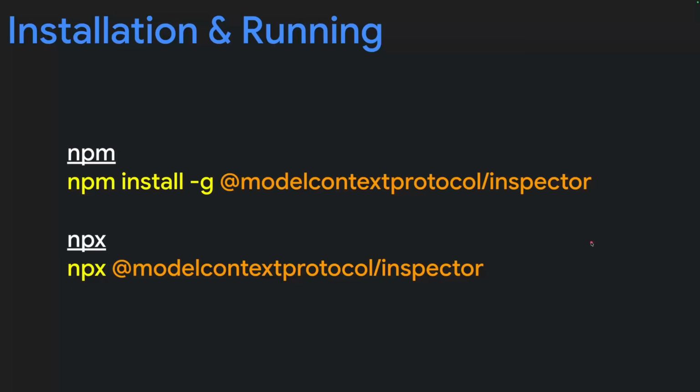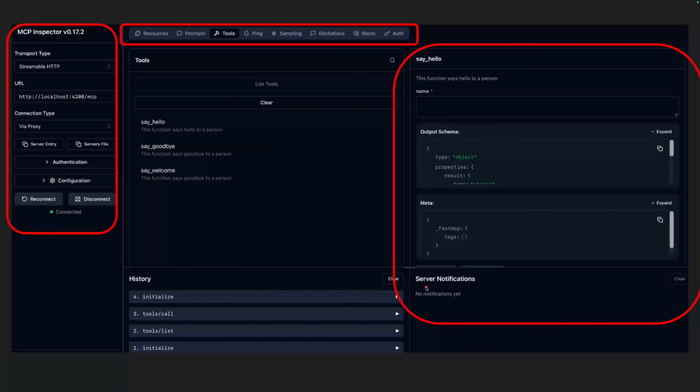To install the MCP Inspector, you can run npm install and then @modelcontextprotocol/inspector. To run it, you just use npx @modelcontextprotocol/inspector. So the MCP Inspector looks something like this.